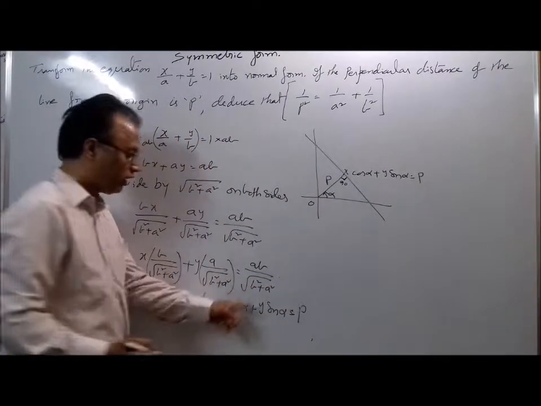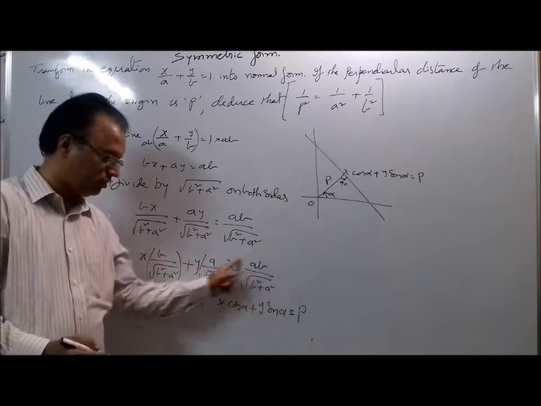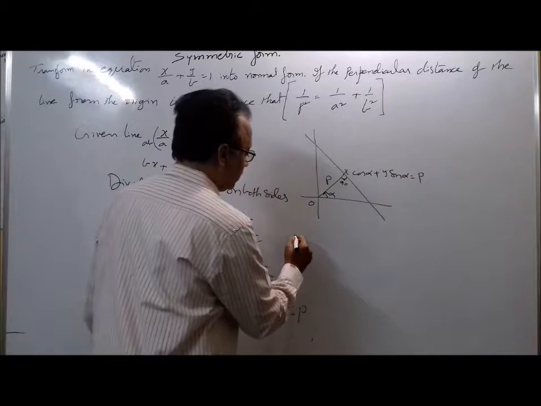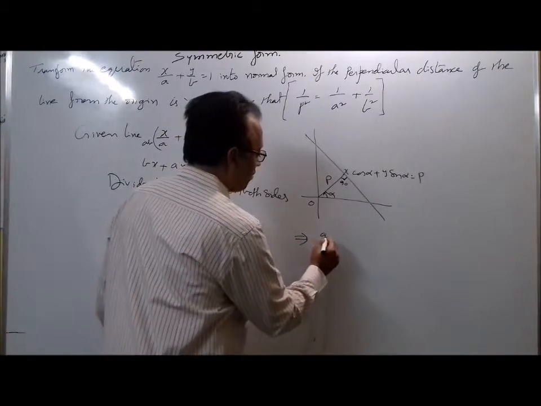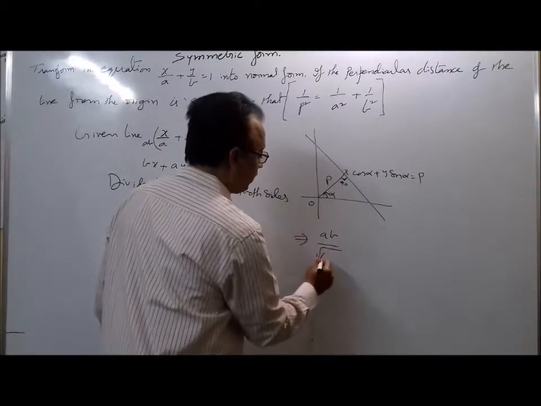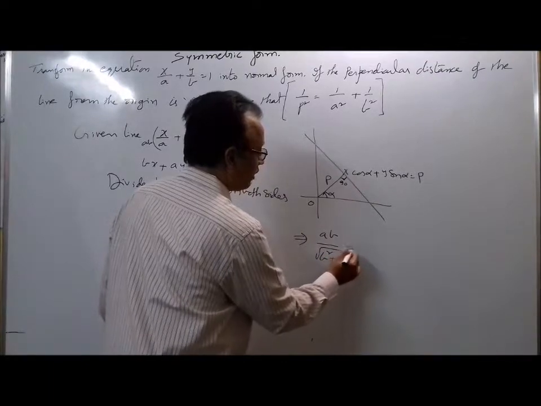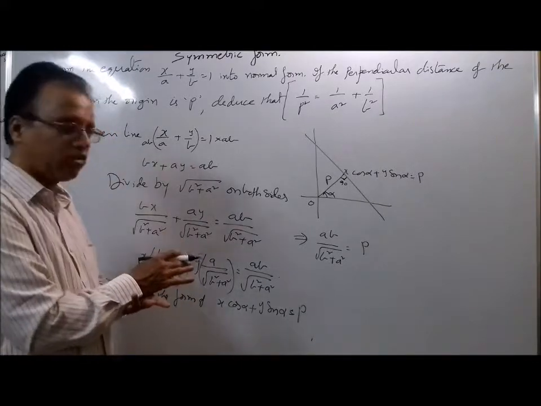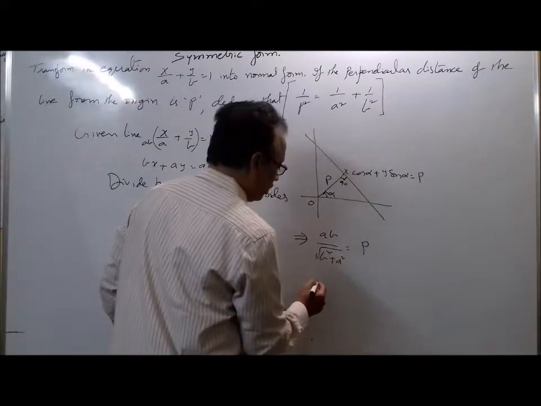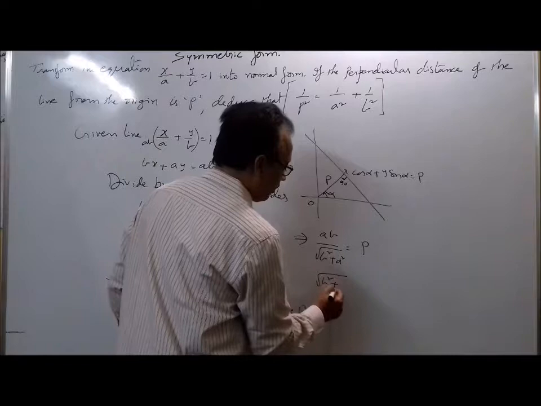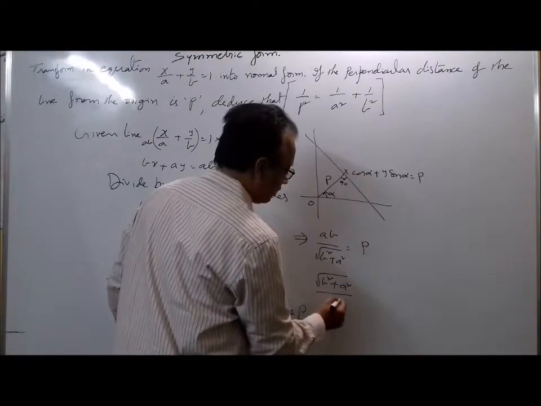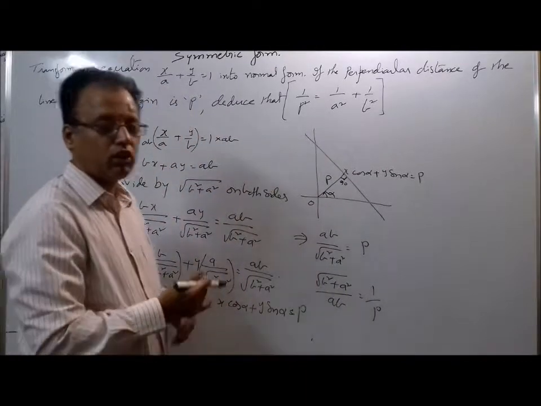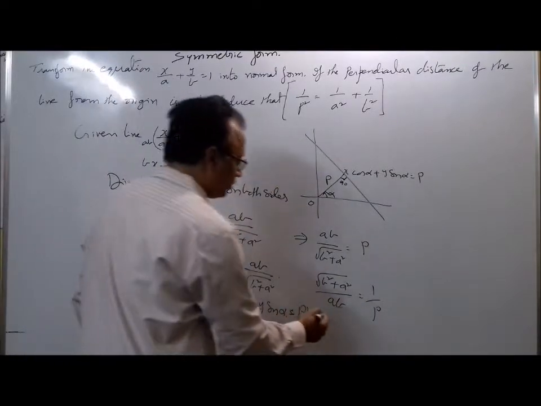So what is p here? This is the p: ab by under root b square plus a square. So ab by under root b square plus a square is equal to p. Now reciprocating both sides, this becomes root of b square plus a square by ab is equal to 1 by p.